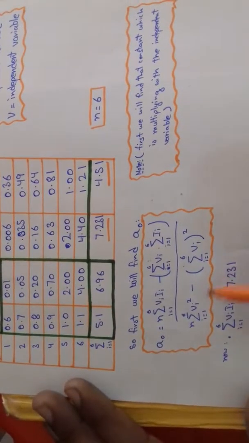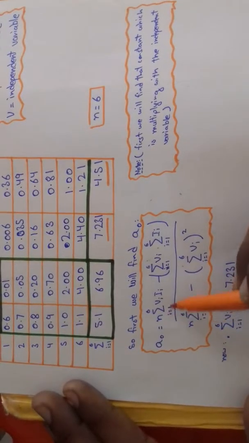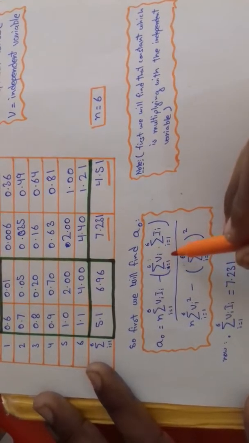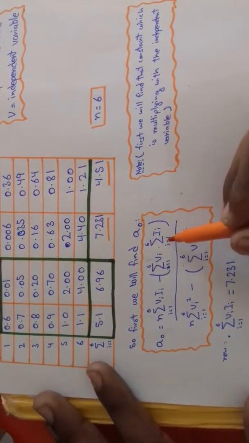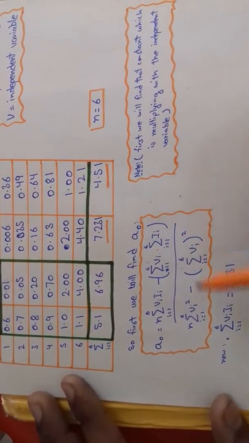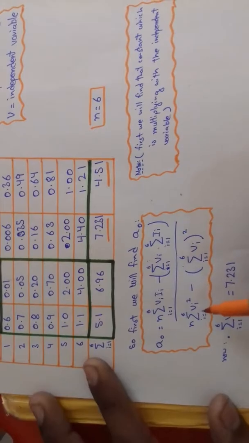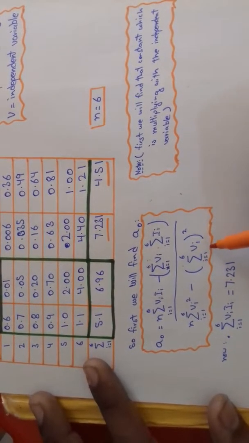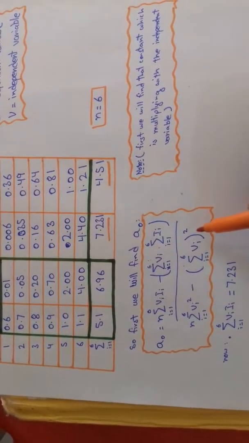For finding a0 we will use this formula: n summation of vi minus, bracket open, summation of v multiplied by summation of I, bracket close, divided by n summation of v square minus, bracket open, summation of v, bracket close, square.